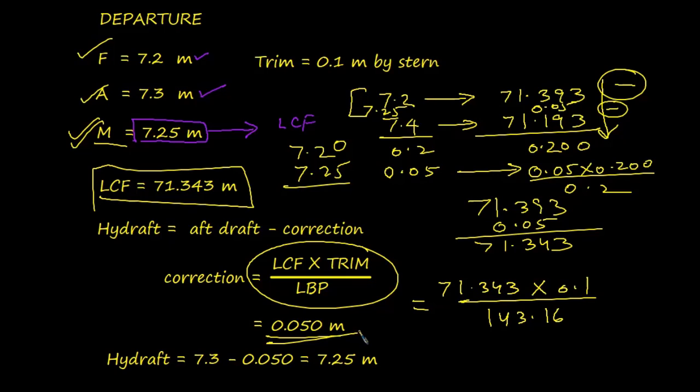And since this is a hindship, the midship draft and this hydrostatic draft are almost the same. But still it is recommended that you show this working. Don't start with the assumption that midship draft is hydrostatic draft. It may or may not be possible. Remember my statement that COF may or may not be at midship.